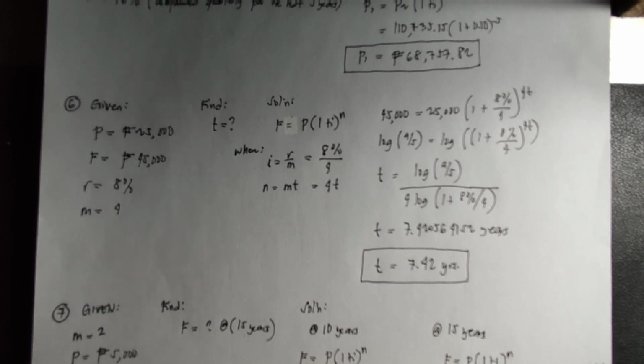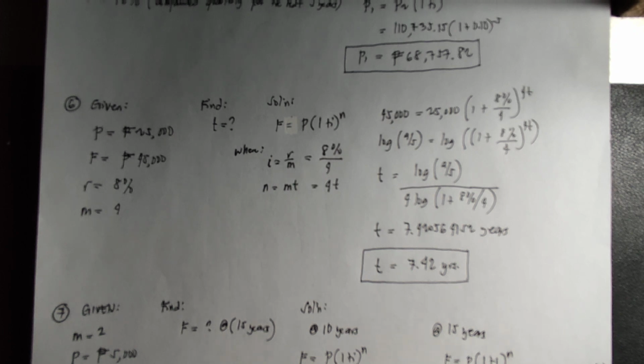Since we have the values of our future amount, our principal, our R, and our m, and we also have the value of our n, which is equal to 40, then let's substitute all the values. So 45,000 is equal to 25,000 multiplied to the quantity of 1 plus 8% over 4 raised to 40.